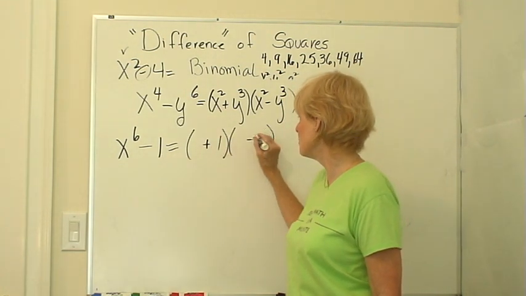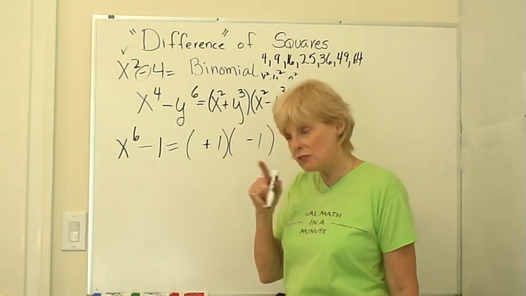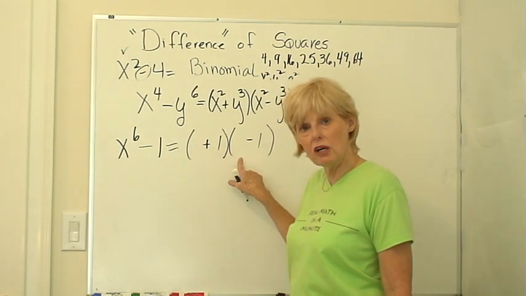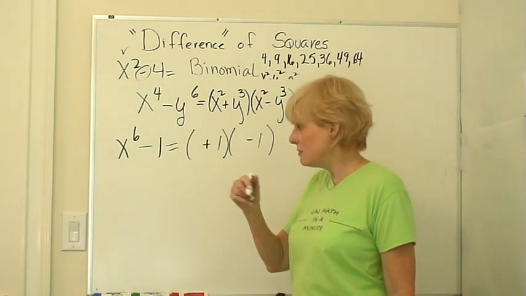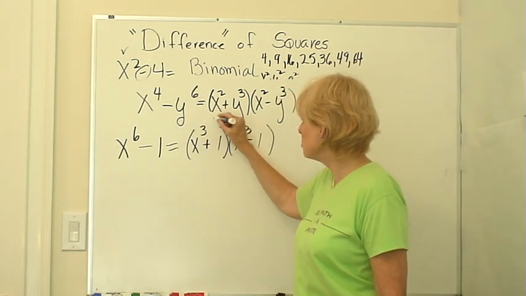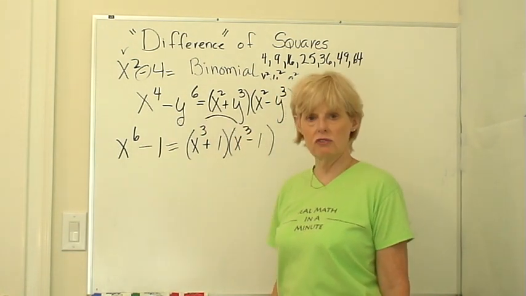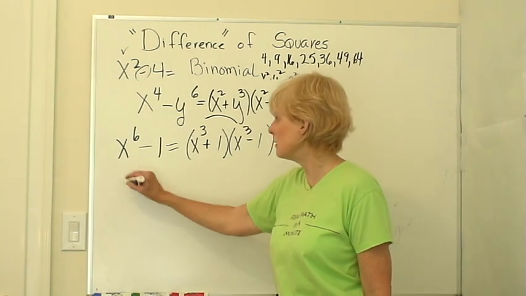The 1's easy because it's 1 times 1. We're like, okay, now what was it with the 6? X to the what times x to the what? Think, think, think, or look back above. Yes, it's x to the 3rd times x to the 3rd, because when you multiply that, you get x to the 6th, because you add exponents when you multiply.